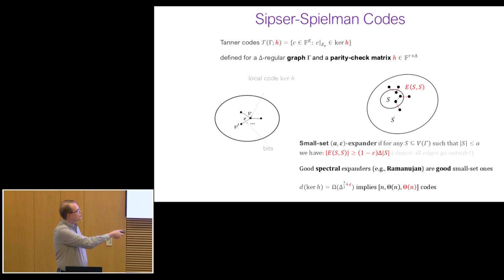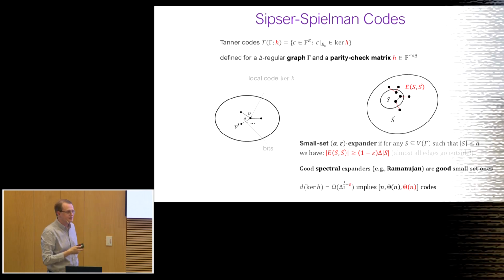If you use local codes that have sufficiently large minimal distance, in fact you can use good codes as your local codes. The idea of Sipser-Spielman also works if your codes are not good. In this case, you obtain asymptotically good codes, where by n I mean, of course, the total number of edges.